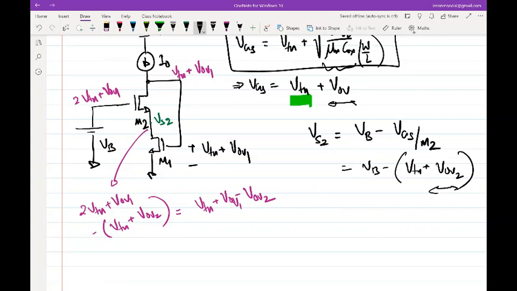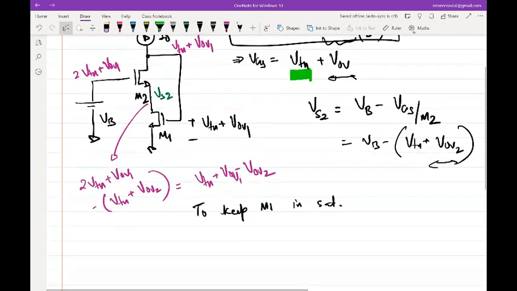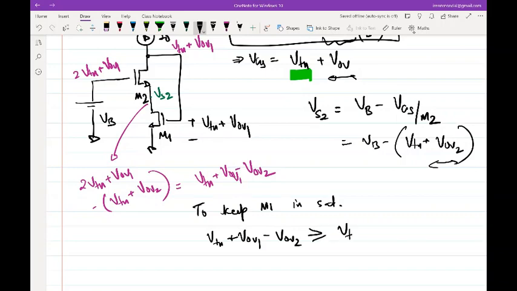So essentially, to keep M1 in saturation, just ensure that VS2 is greater than VG1 minus threshold voltage.